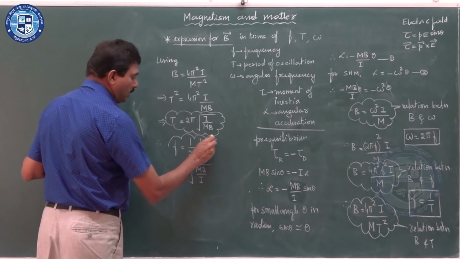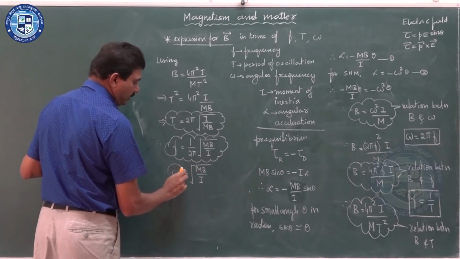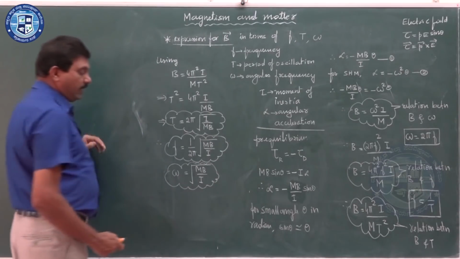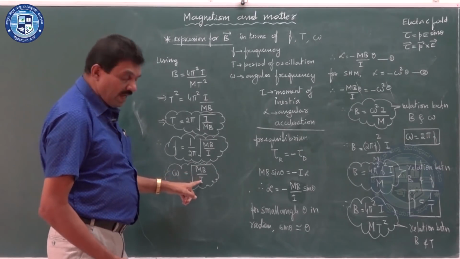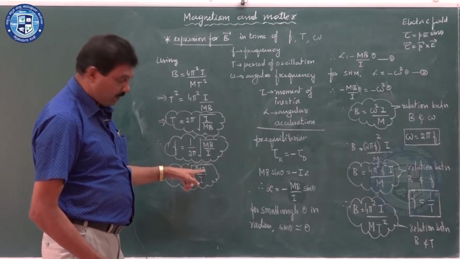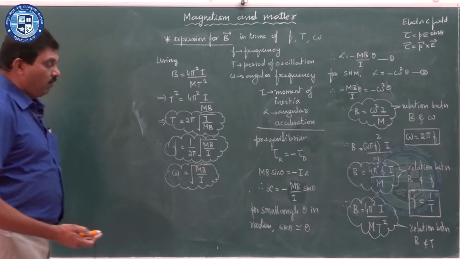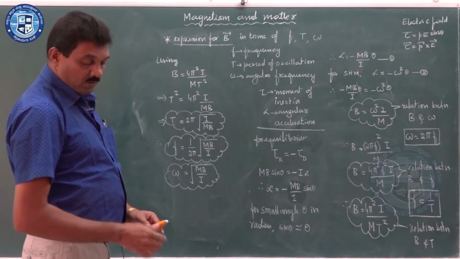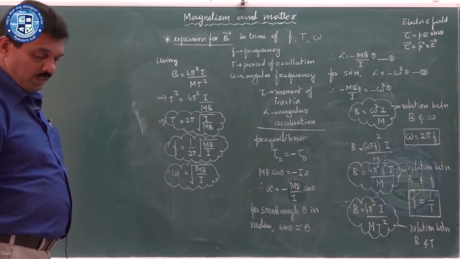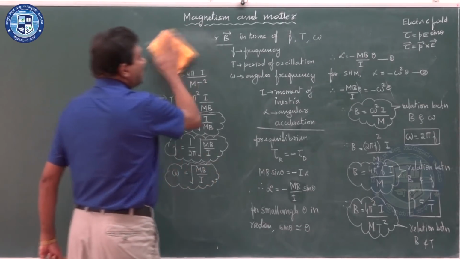So, these are the relations for period of oscillation, frequency and angular frequency, when a magnetic needle of moment of inertia I is suspended in a uniform magnetic field of strength B. So, these are very useful relations for solving problems. Okay. Now, let us go to the potential energy.